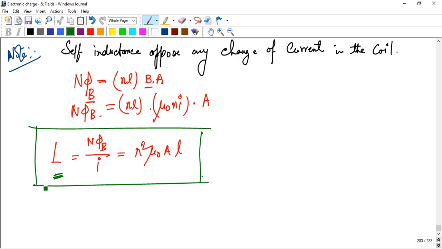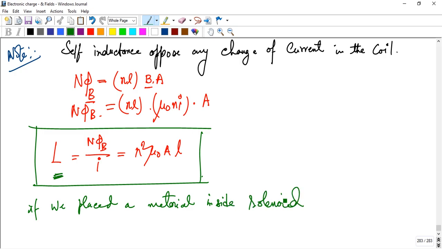If you place a material inside a solenoid, there is a relative magnetic permeability, obviously.